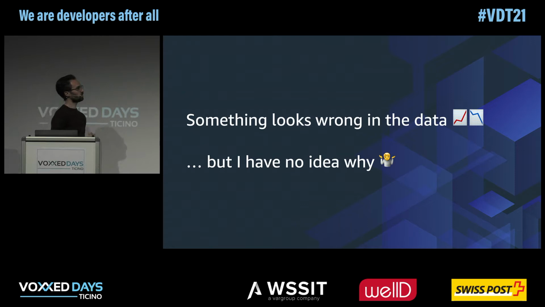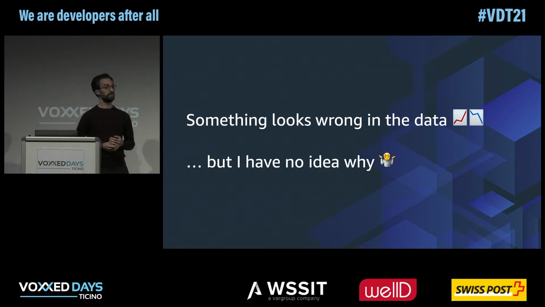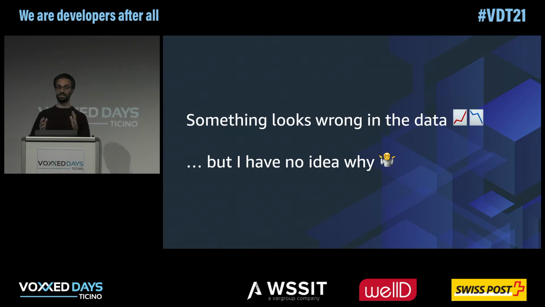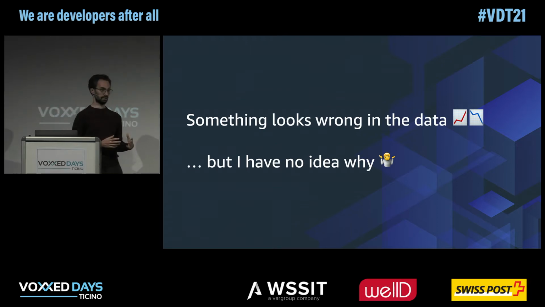So in this session, I want to show you a couple of ways that you can figure out what is going on and why. And if you never used or heard of anomaly detection, that's just a technique that helps you solve that problem. You identify anomalies and you try to analyze and figure out what is the cause of the anomaly so you can fix the problem. So as simple as that.